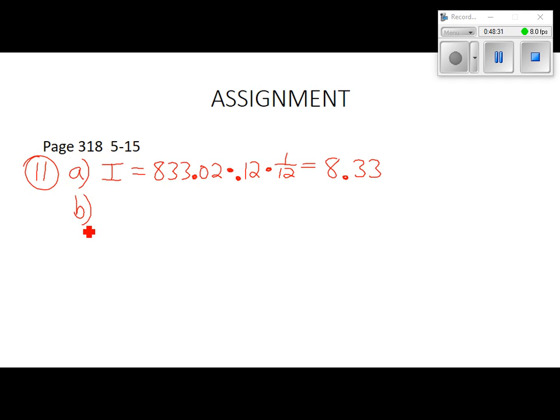Part B then, we take the monthly payment. How much is our monthly payment? $213.12. Same every time, right? We subtract off the amount that we're paying them, the amount that they're putting in their pocket, to see how much is going towards our loan. What's that leave us with? $204.79. What's happened to the amount that's going towards the principal each month? It's going up. So each month we're paying them less and less interest and more towards the actual loan.